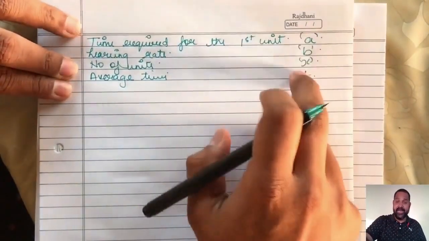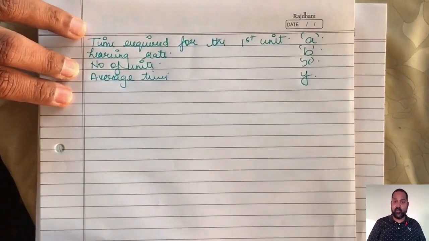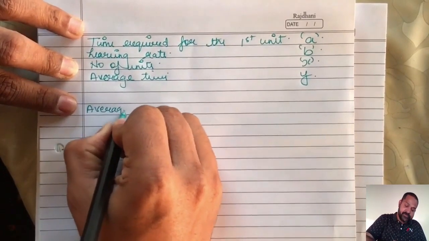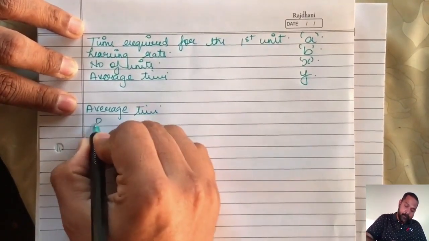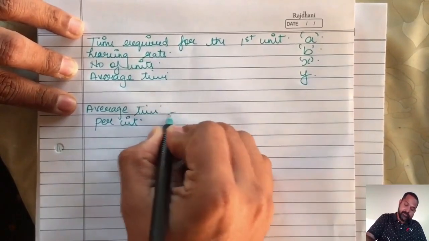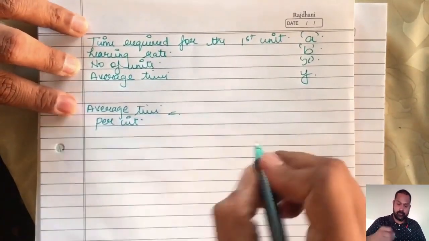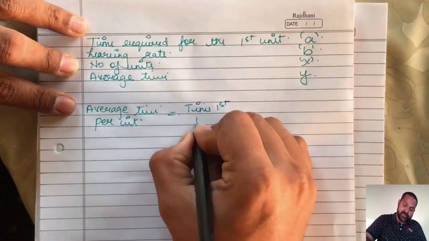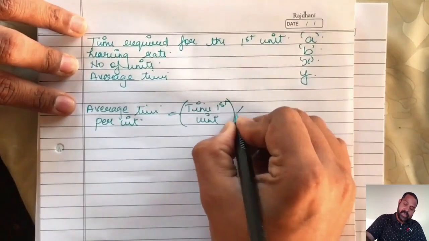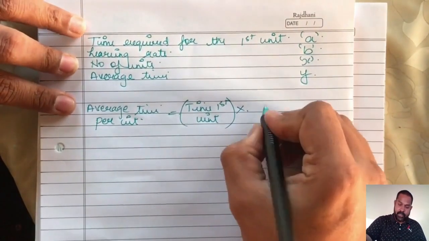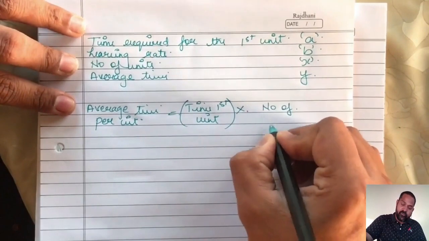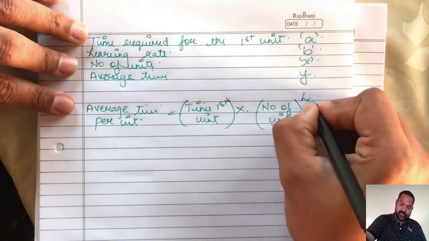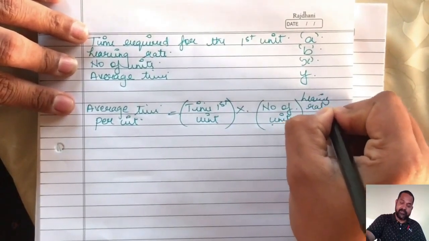And how is A, B, X, Y related? Well, they are related as: the average time per unit is equal to the time for the first unit into the number of units raised to the learning rate.